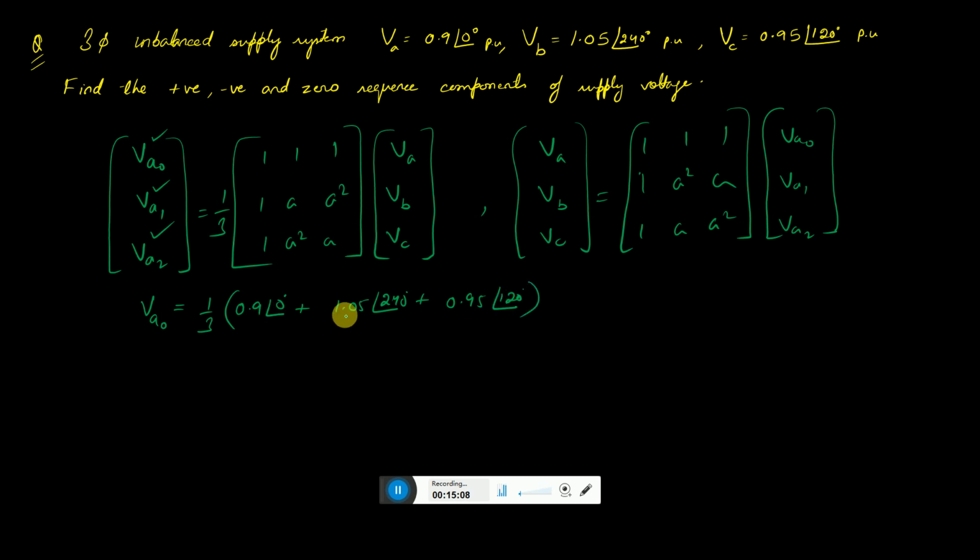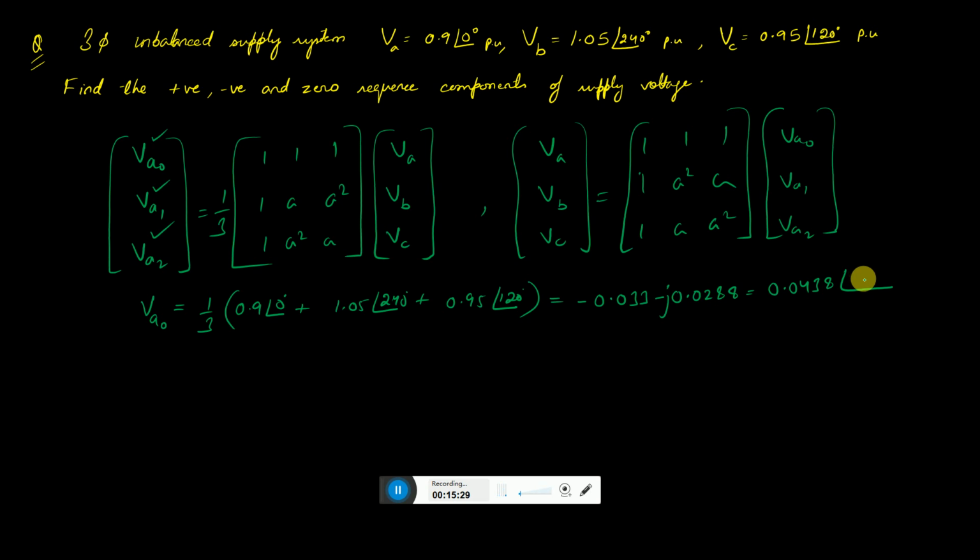We can get the cosine component and the sine component of this, divide by 3, and what we get is minus 0.033 minus j 0.0288.